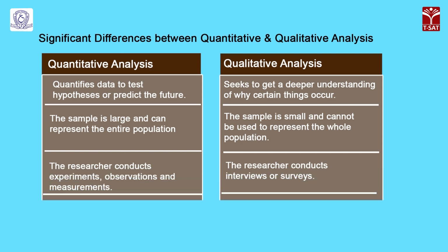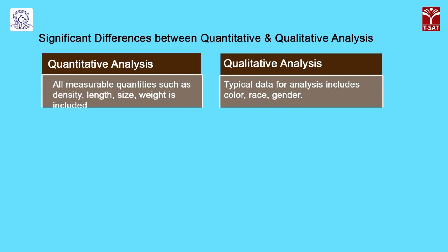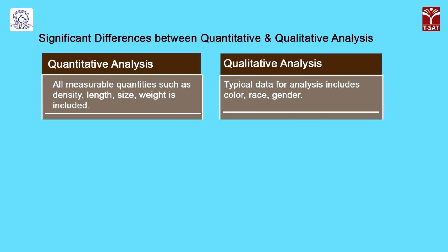In quantitative analysis, the researcher conducts experiments, observations and measurements, whereas the researcher conducts interviews or surveys to collect qualitative data. In quantitative analysis, all measurable quantities such as density, length, size, weight are included, whereas typical data for qualitative analysis includes color, race, gender.